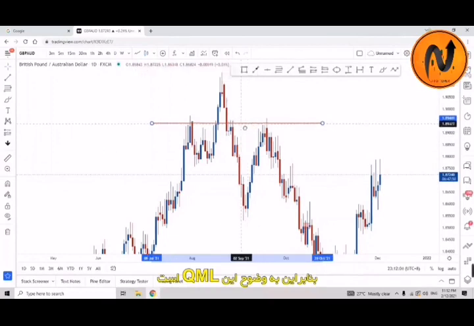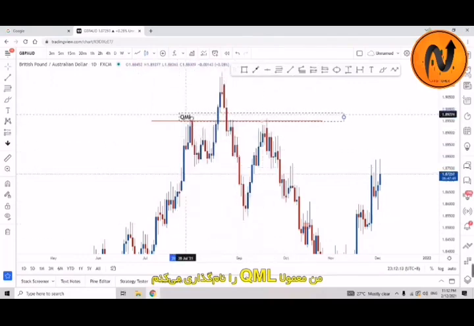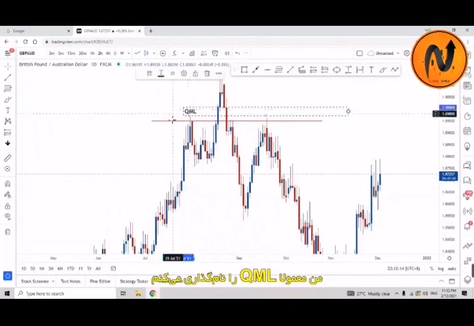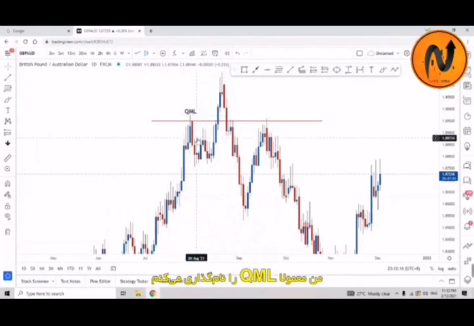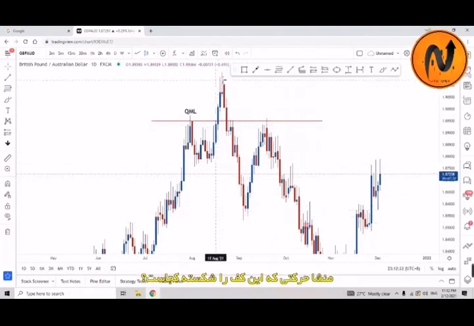So very obvious, this is what we call a QML, and of course, I have practiced a lot of times. I usually label my QML, so that I identify this is QML, Quasimodo level. You can see the price suddenly breaks. So where is the initiative? The initiative move that breaks the low over here.